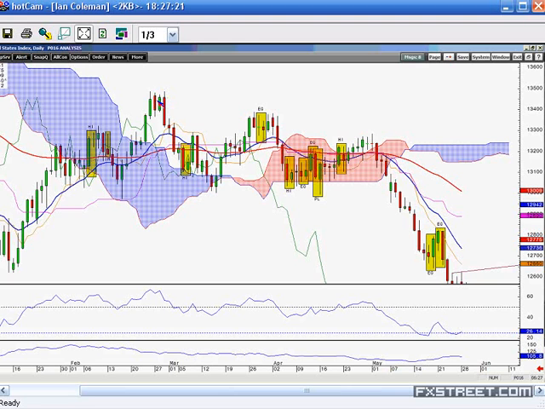Inside bars basically show investor indecision. So we obviously moved up from this cloud base. We formed not just 1 but 2 inside bars up around this high, which showed that investors were uneasy, or there was a lot of indecision around this level.